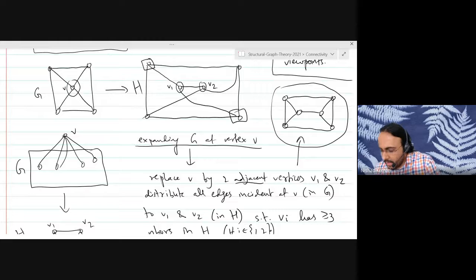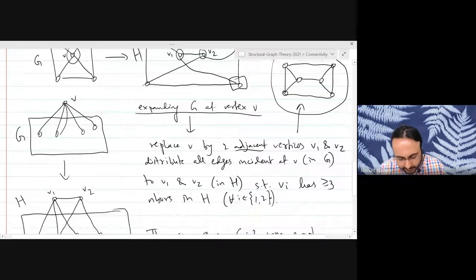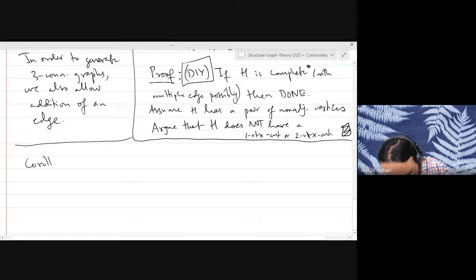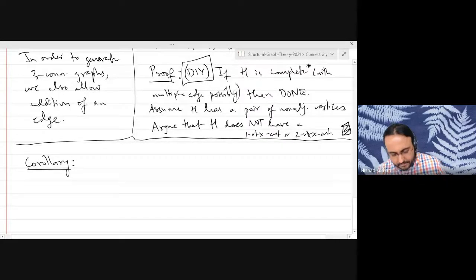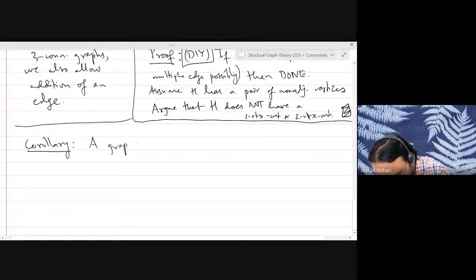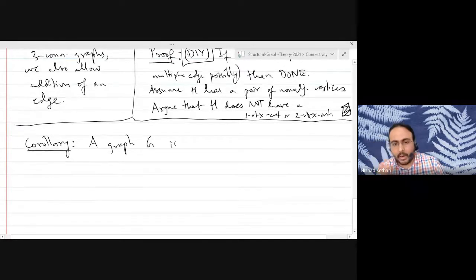Before we prove Thomassen's theorem, I want to state a corollary of these 2 results. I want you to think about the ear decomposition result because this is going to look very similar to that result.